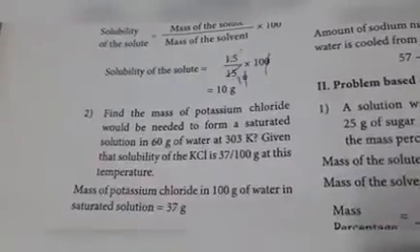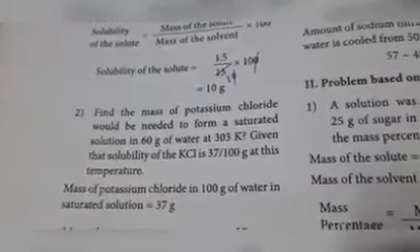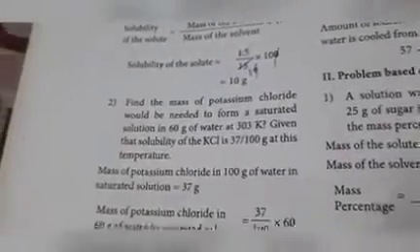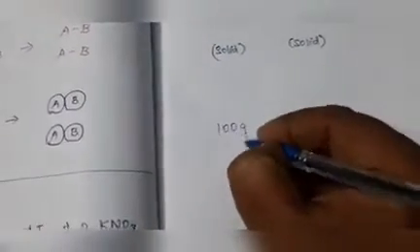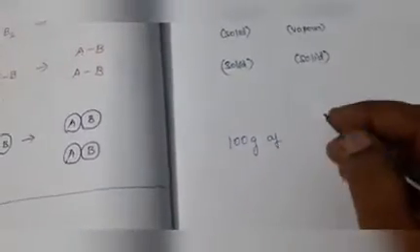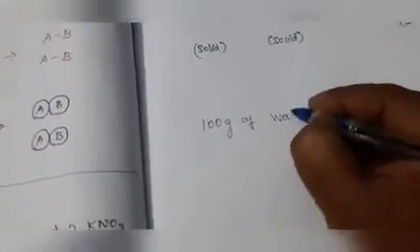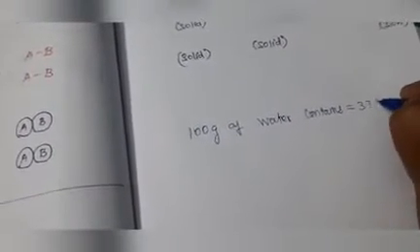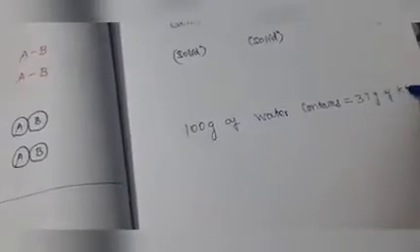Potassium chloride in 100 grams of water in a saturated solution is 37 gram. That is, 100 grams of water contains 37 grams of potassium chloride.